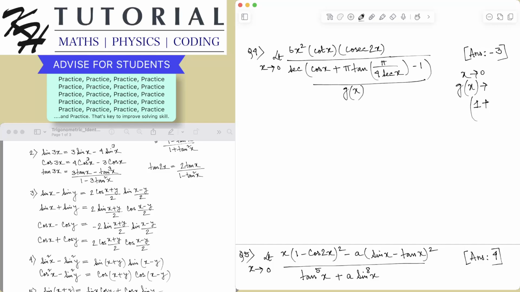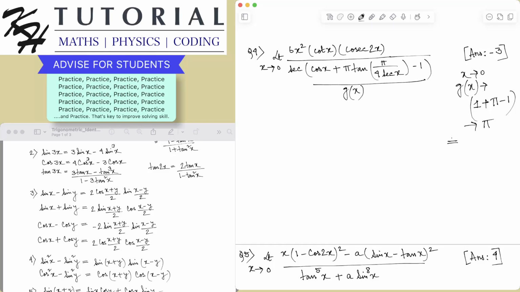Sec x will also tend to 1, and then tan of pi by 4 will tend to 1. So this will be 1 plus pi minus 1, which is tending to pi. So g(x), the argument to sec in the denominator, is tending to pi.